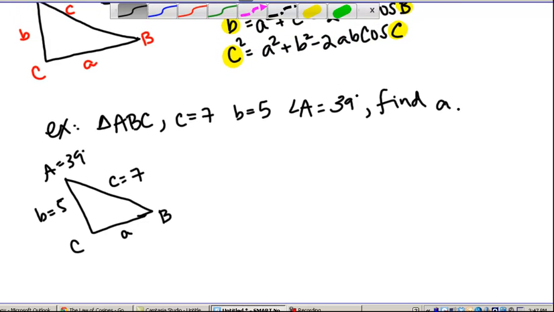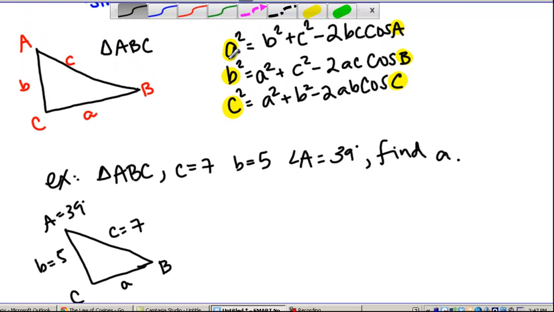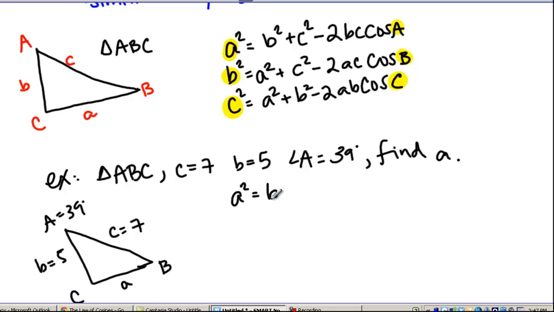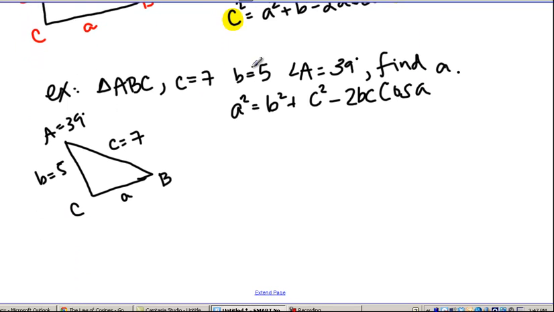Now, if you're looking at our formulas, I would suggest solving the first equation. So you got a squared is equal to b squared plus c squared minus 2bc cosine of A. Now we're just going to plug in what we know.